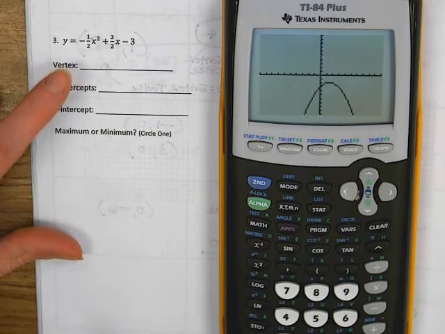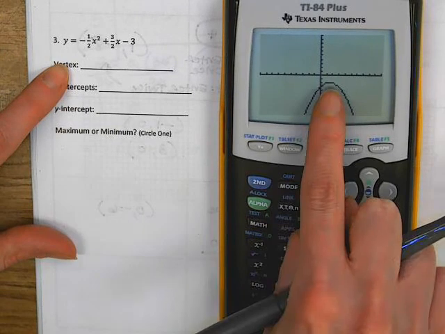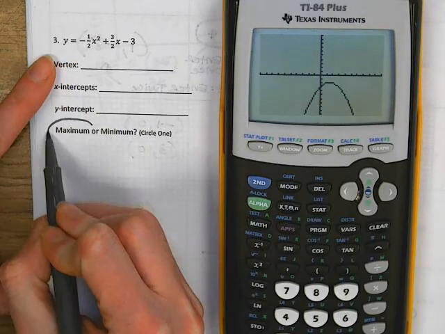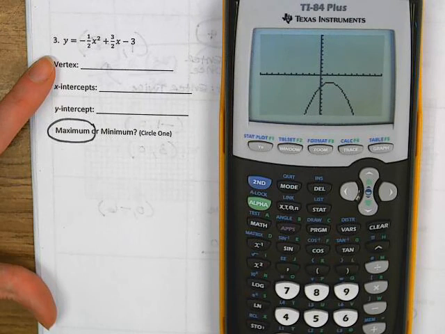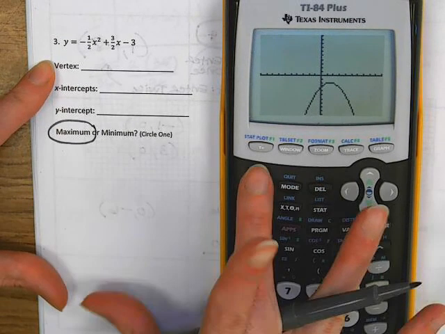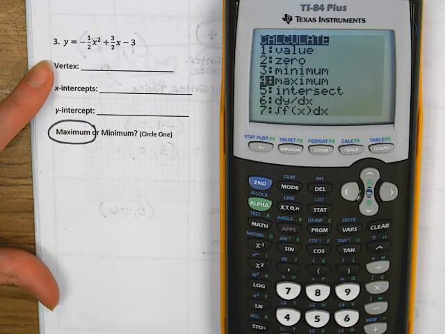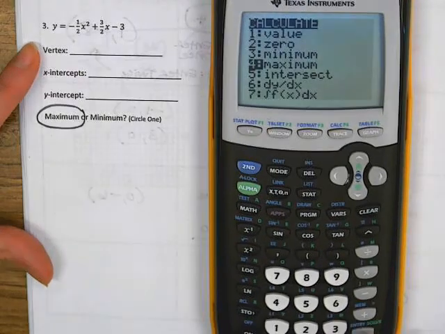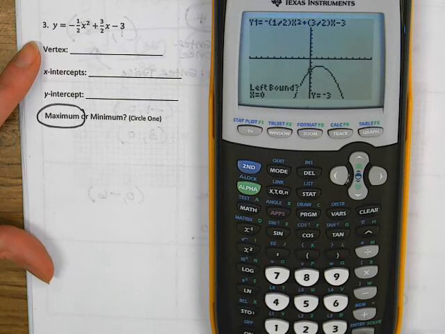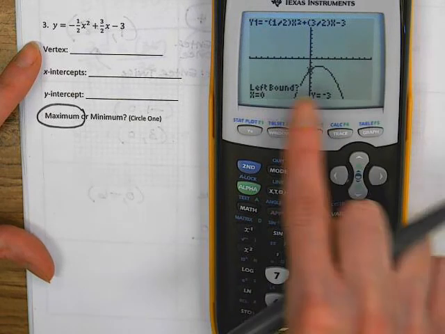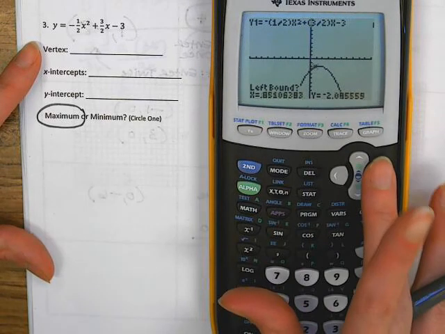Okay, to find the vertex, it's a max. So to find the vertex, it's second trace, option number 4, because it's a maximum. Hit enter. Okay, we got to get our blinker to the left of the vertex. So here's the vertex.